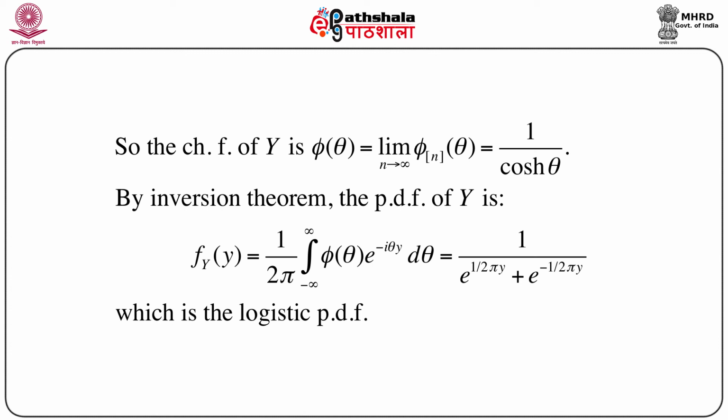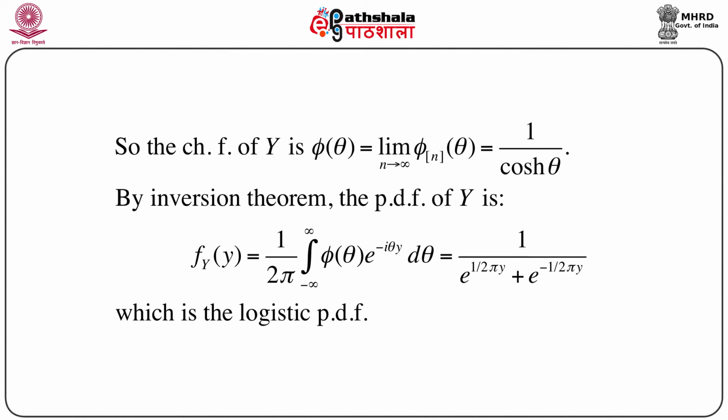In fact, this is also a characteristic function. So, the characteristic function of the limiting random variable Y is φ(θ), the limit as n goes to infinity of φ_n(θ), which equals 1/cosh θ.